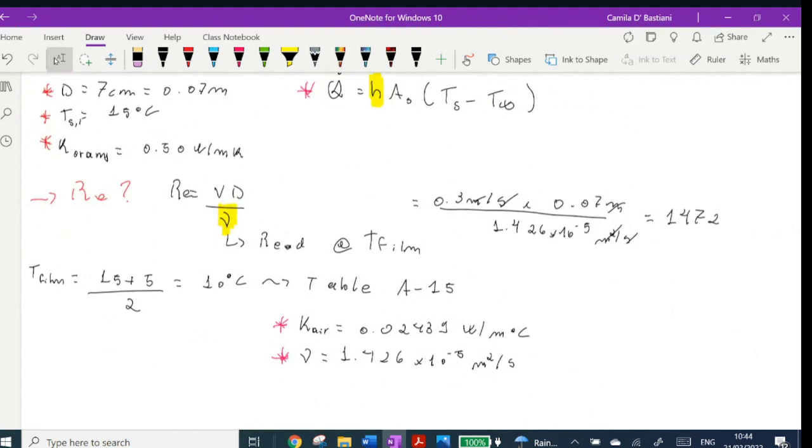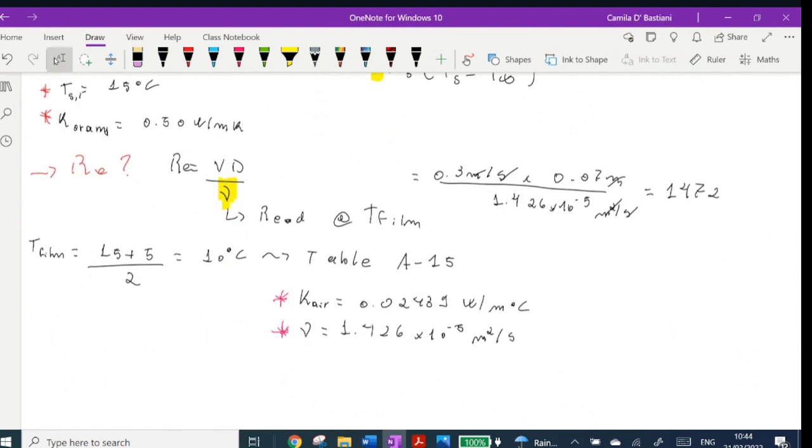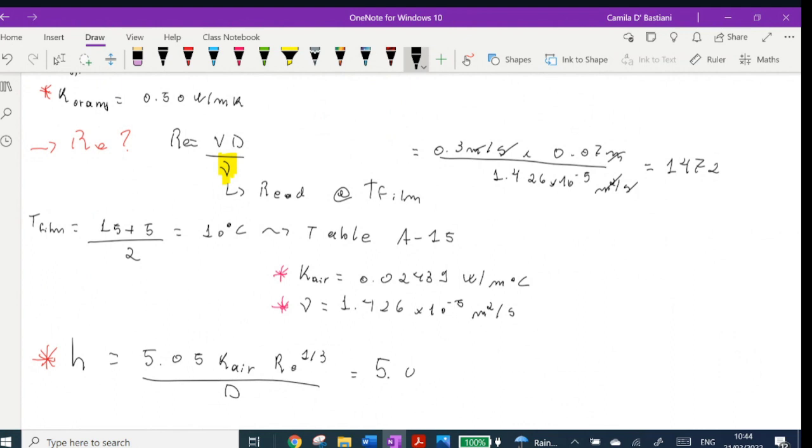Now I know my Reynolds number. I can go back and find my H, my heat transfer coefficient. So my heat transfer coefficient is going to be 5.05 times the K of the air, Reynolds number to the power of 1 divided by 3, all that divided by my diameter. 5.05 multiplied by my K of the air.